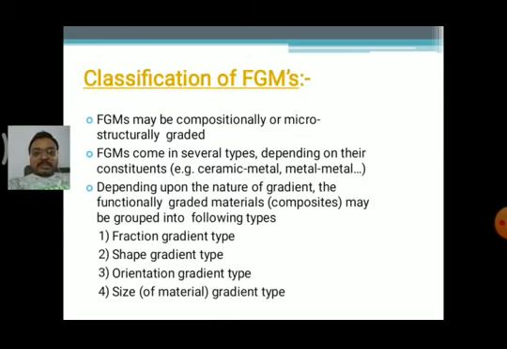Now in this lecture I am going to explain the classification of FGM. Different types of classifications are there in functionally graded materials. The first classification is based on compositions and microstructures. Compositions means there are minor and major compositions of a material.